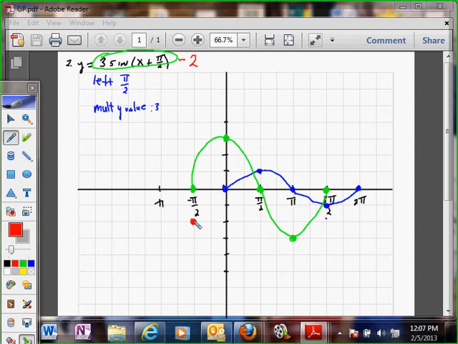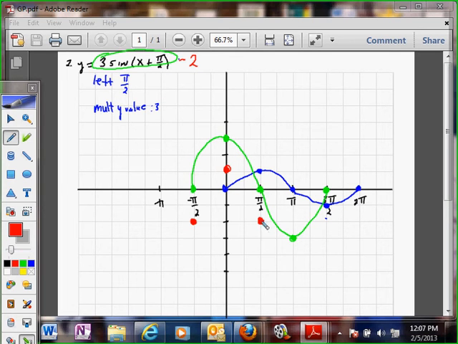That would have gone to here. Here again, left pi halves, the y value times 3, but then down 2 units, that point would go to here. Left pi halves, y value times 3 stays here, but down 2 units.